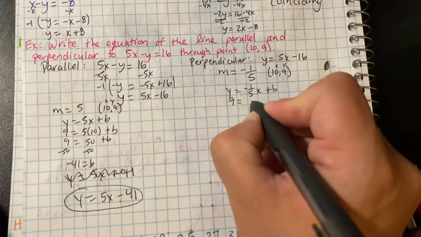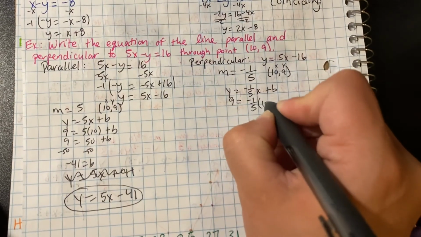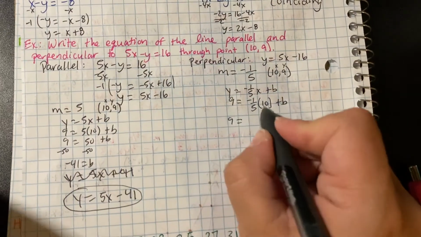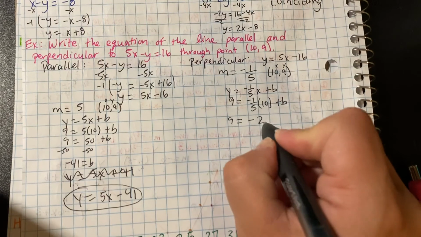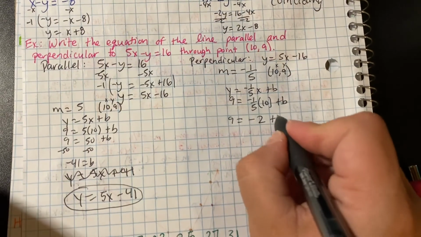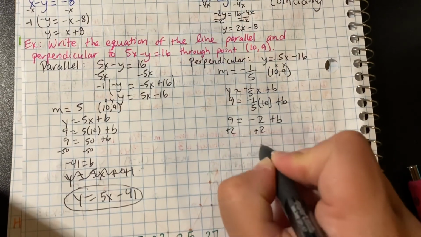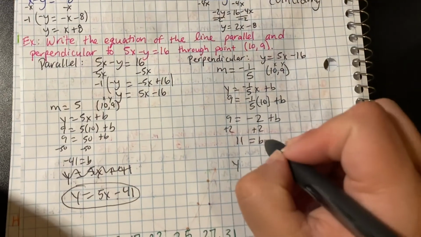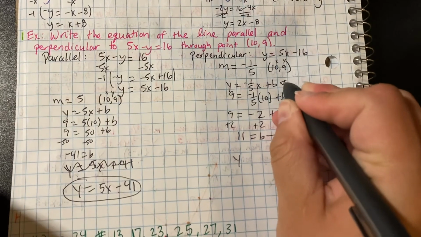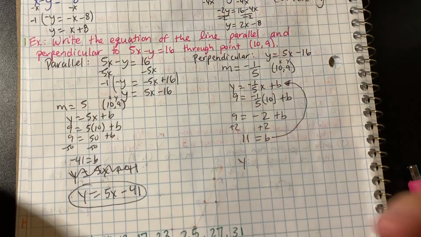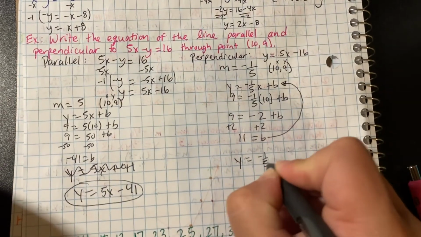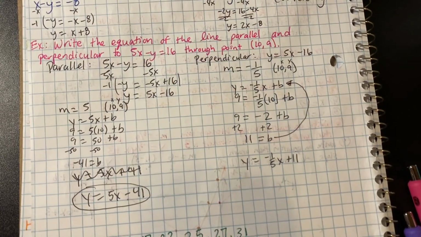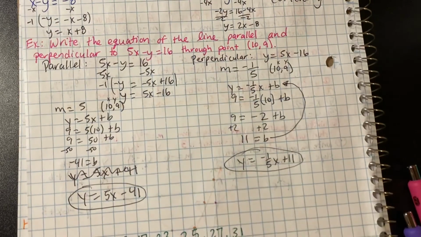So we'll have 9, negative 1/5, 10. Now we're going to solve this. So we'll have negative 2, so 10 divided by 5, 2, plus b, plus 2, plus 2, b equals 11. Then we need to put this b back into this equation right here. Negative 1/5 x plus 11. And that is going to be my perpendicular line.